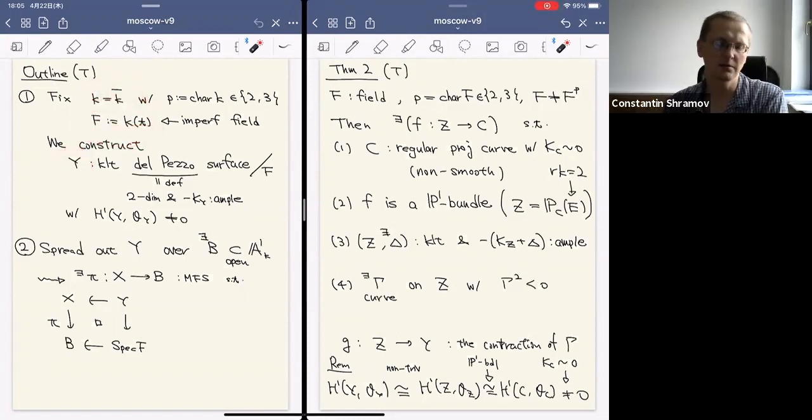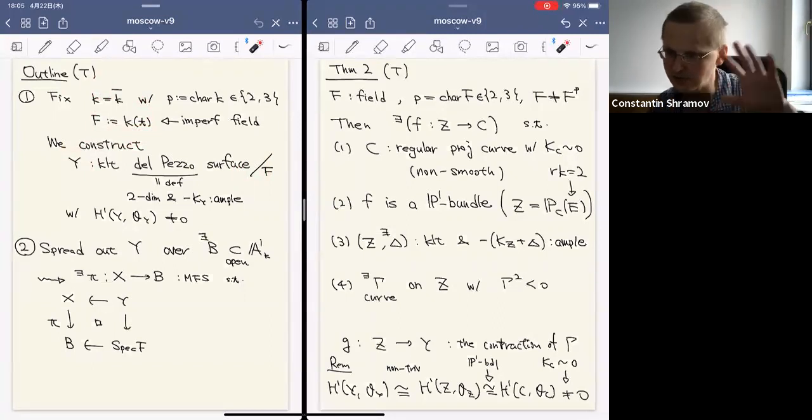I see. And then maybe one more question. You are saying that all these three properties A, B, and C are going to fail in general in positive characteristic. So what if you allow positive characteristic but require that the field is perfect or algebraically closed? Are they also going to fail?